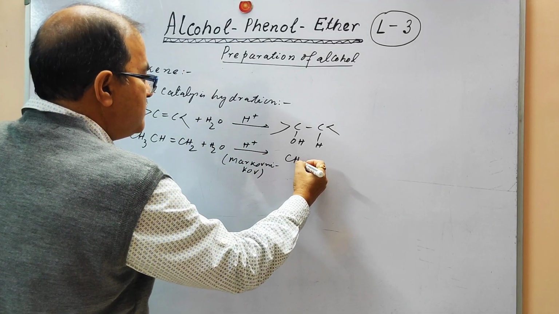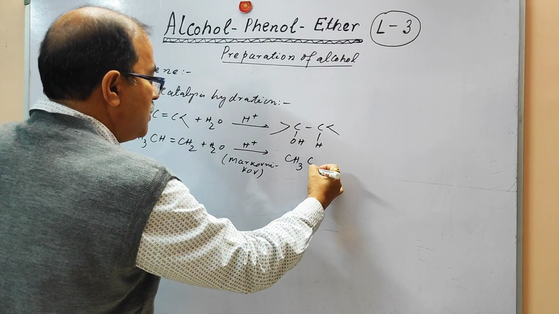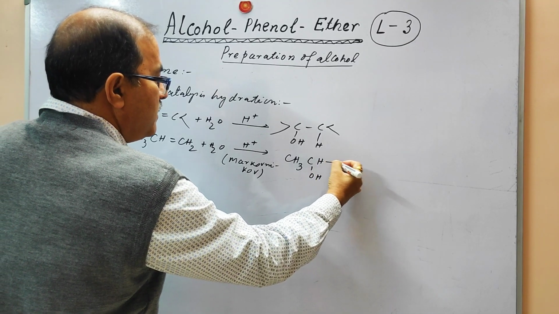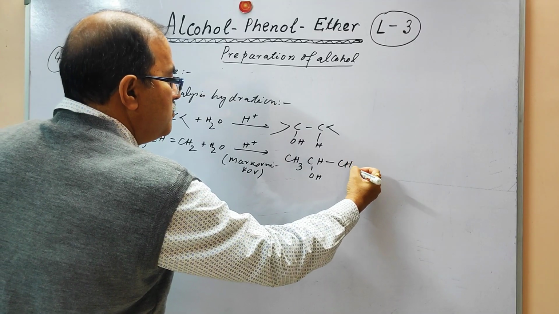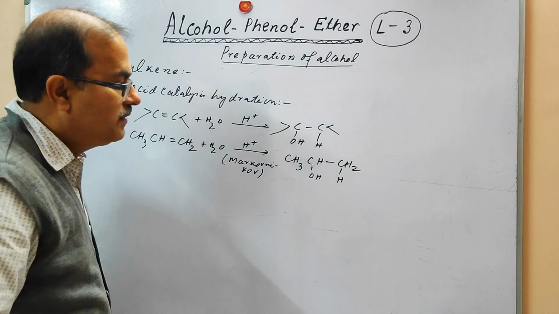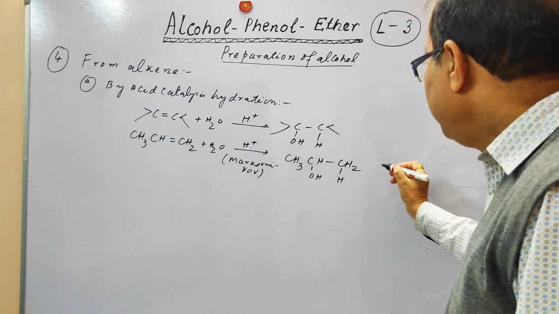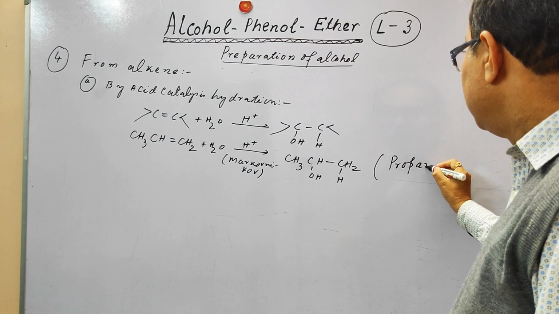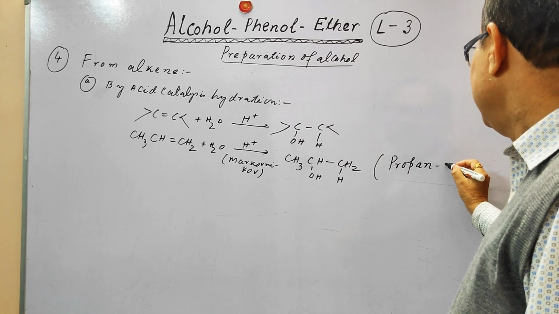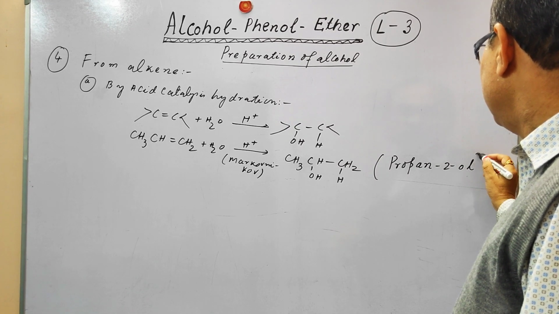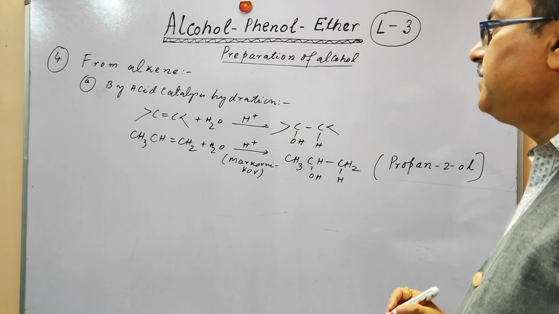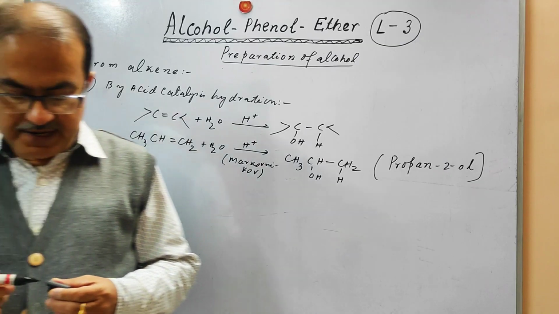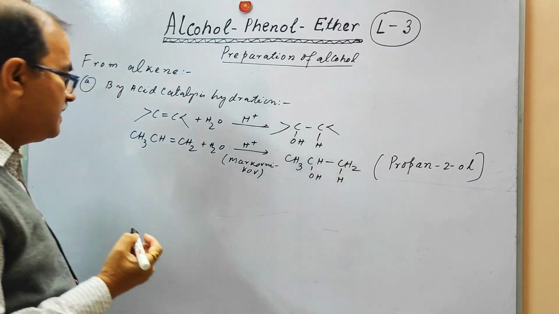So the alcohol produced, with OH attached there and hydrogen attached here, we say is propan-2-ol, right?